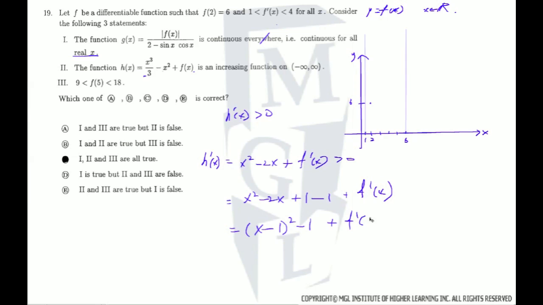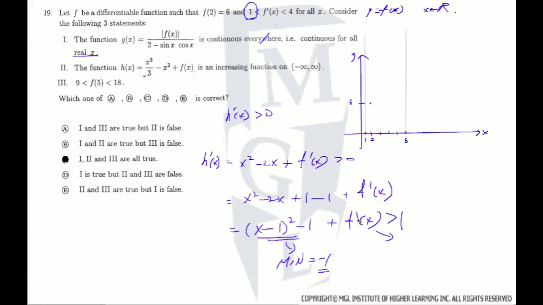So we can figure that out if you complete the square. So we get this. So this minimum value is -1. Okay, that's the smallest you can possibly get. Now this f prime is actually bigger than 1, right? That's what it says. So the smallest you can get is -1, and this is always bigger than 1.